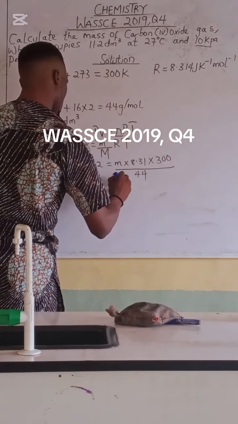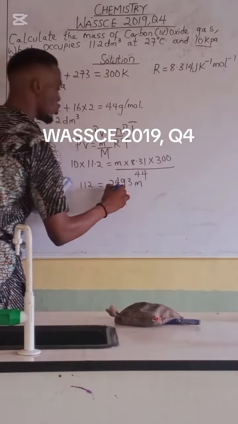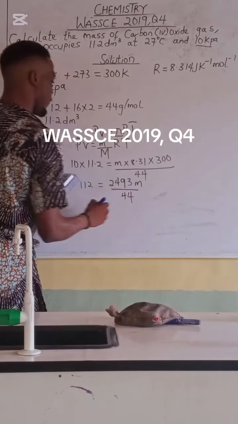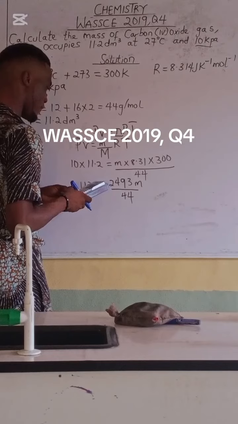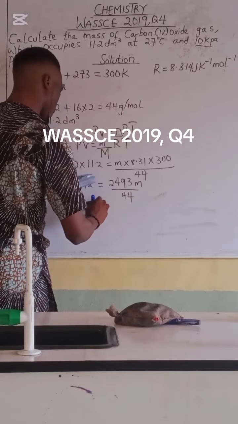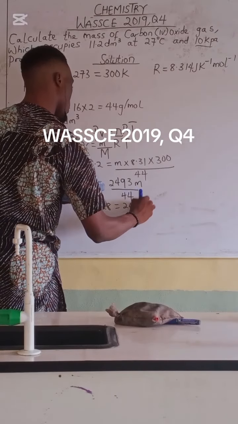That will give us 2493 m. Please take note. So all over 44. So we must multiply. This will be 112 multiplied by 44, which will give us 4928 equals 2493.